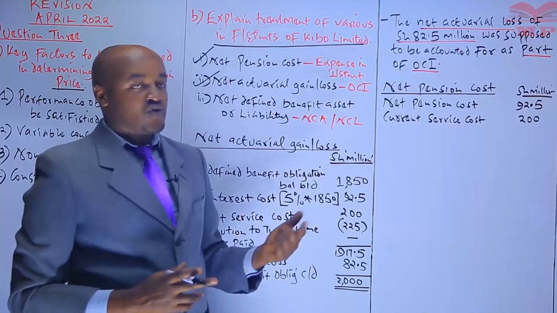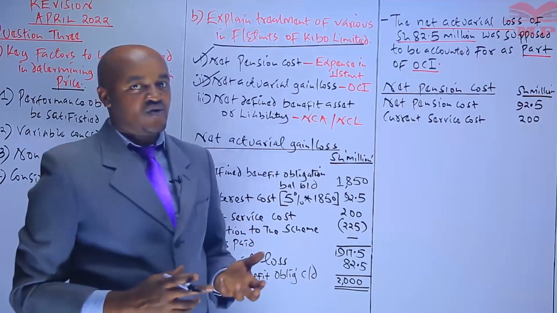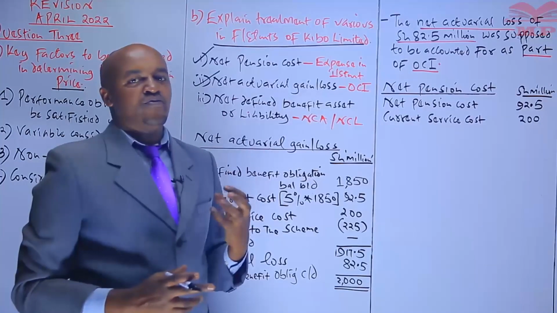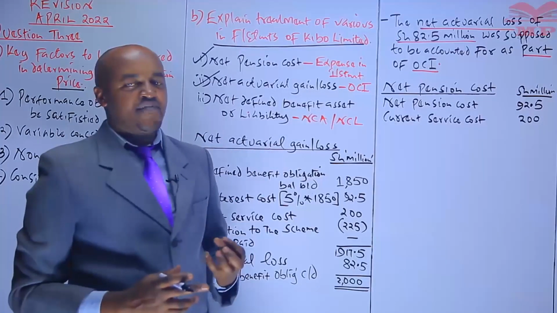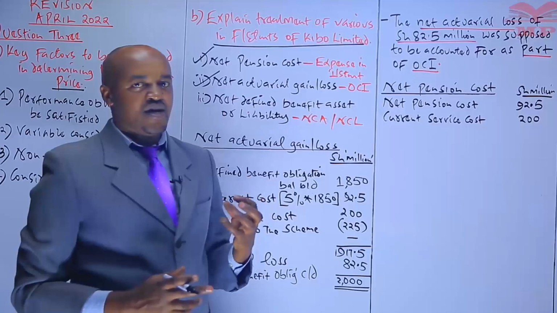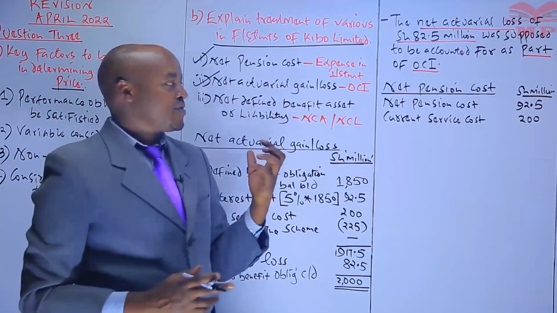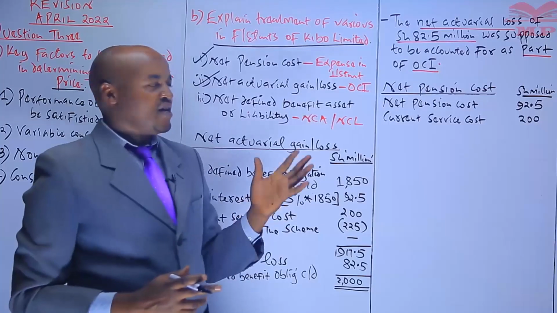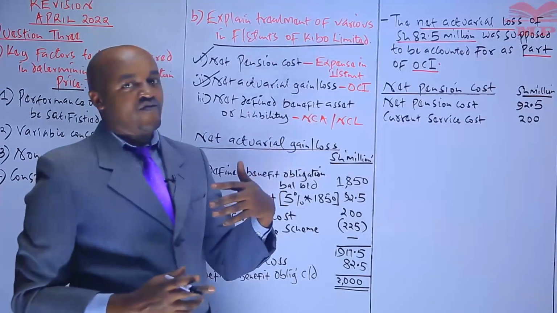Then you should have the current service cost. Already we have that. The past service cost, in our question we don't have, because there was no improvement which was done by this company. The company has not increased those pensions to be paid to the employees in the future. Essentially, there we should have around 4 items.